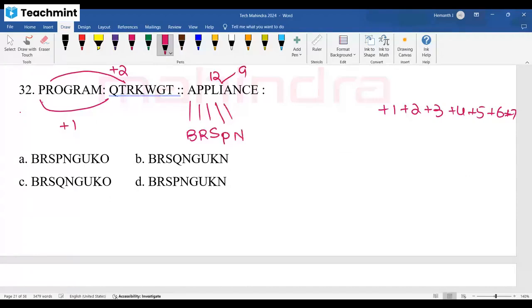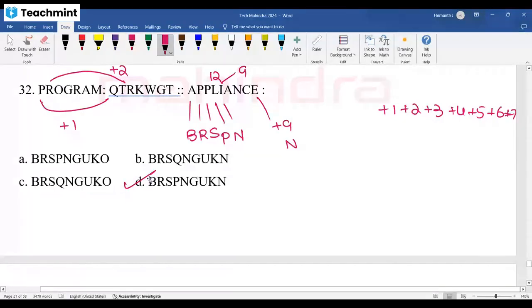So 5, 6, 7, 8. This is the ninth letter, right? Plus 9 required, where we need N, ending with N, that's available here. If you keep going, +1, +2, +3, likewise. So for every letter, first letter, second letter and all, this is the logic.